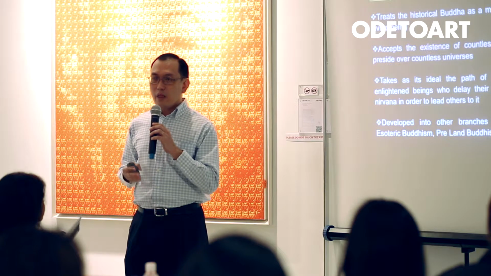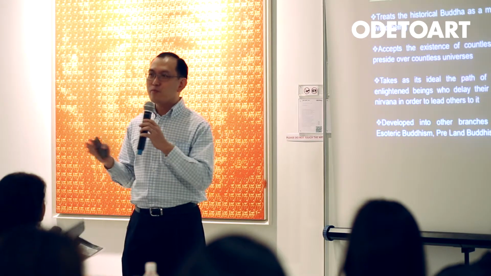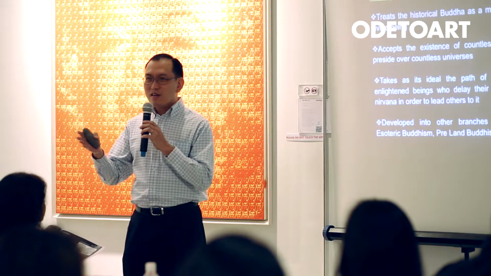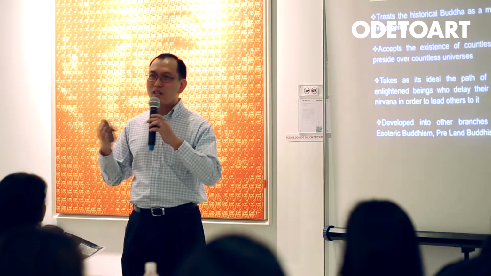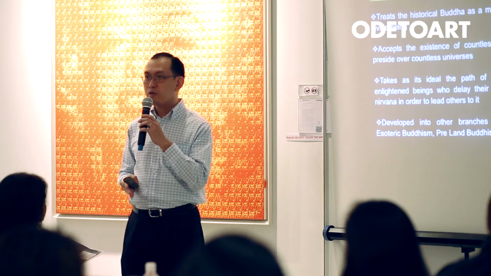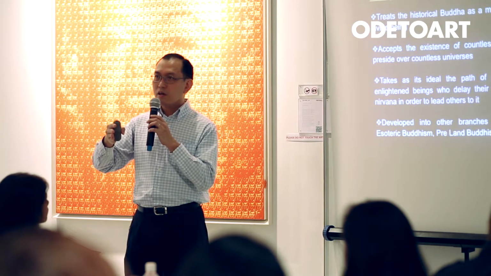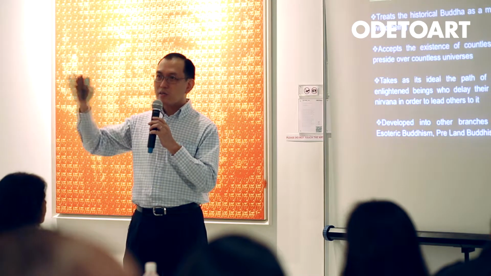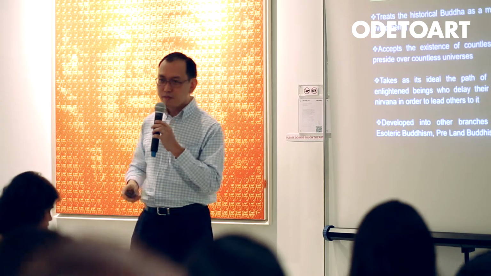These sects really expanded the Buddhist pantheon. So you're wondering how come today there are so many hundreds of other Buddhas. It's because of the development of Mahayana Buddhism, which acknowledged the existence of many other Buddhas beside the historical Buddha.